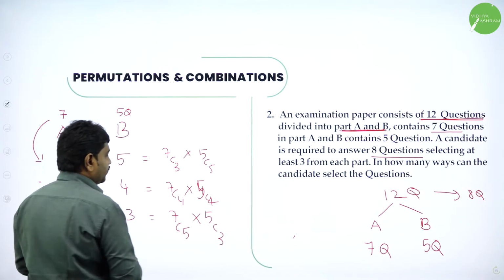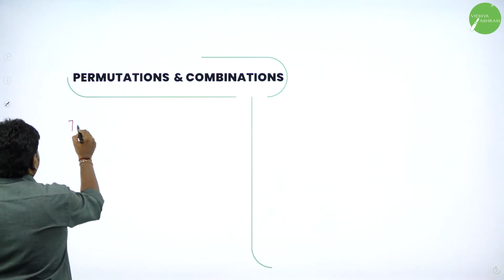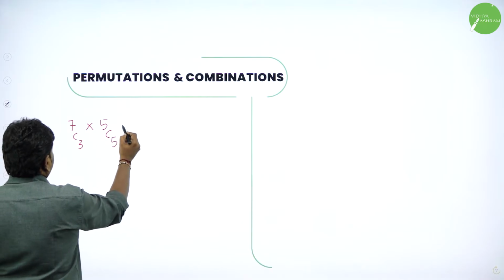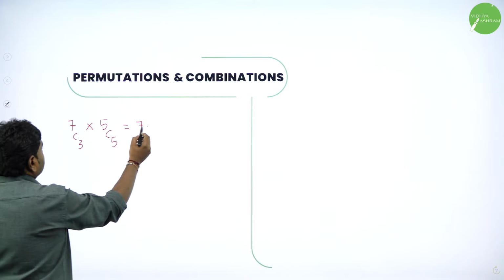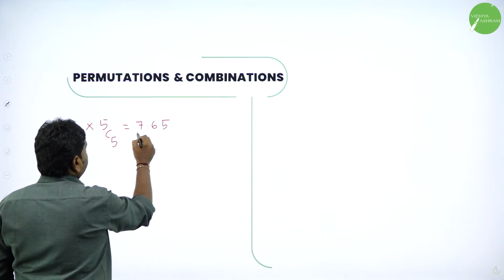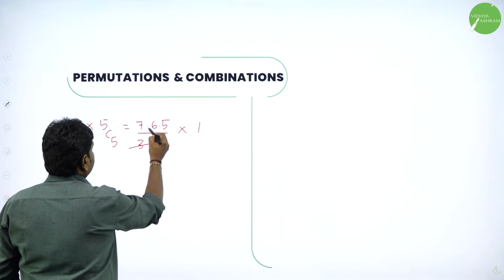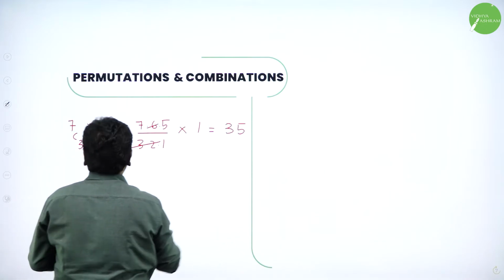Now simplify. 7C3 into 5C5: 7 into 6 into 5 divided by 3 into 2 into 1. 5C5 is 1. 3 2s are 6 and 6 cancels. 7 5s are 35. So this is 35.